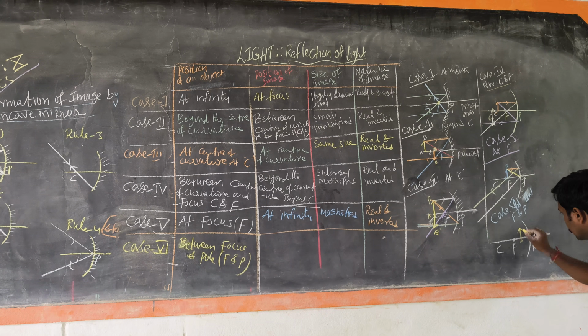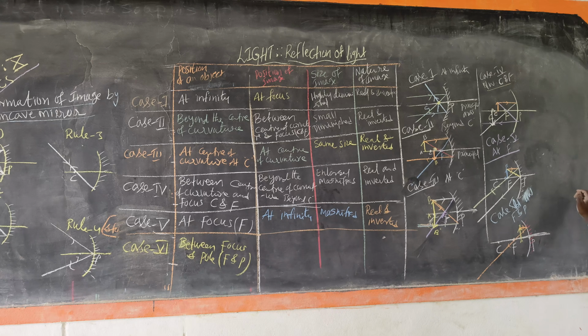Let's take the first ray as usual, parallel to the principal axis. After it passes through the focus.